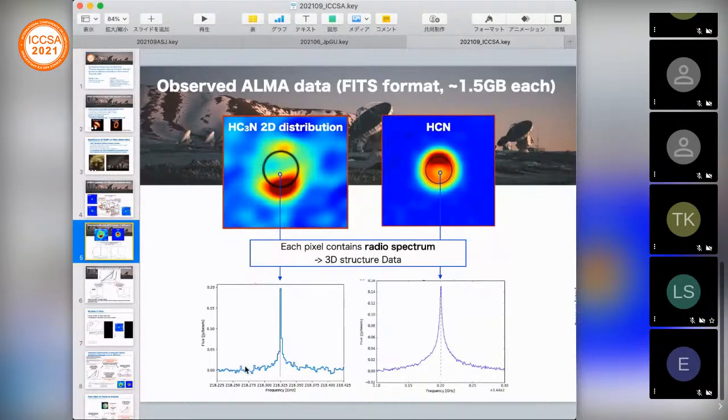And we can see these kinds of spikes like this or like this. This is called a radio spectrum. By analyzing these spectral shapes, we can obtain the three-dimensional distribution of such gases.